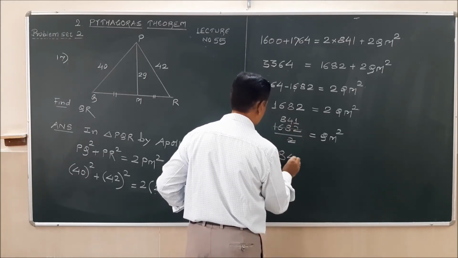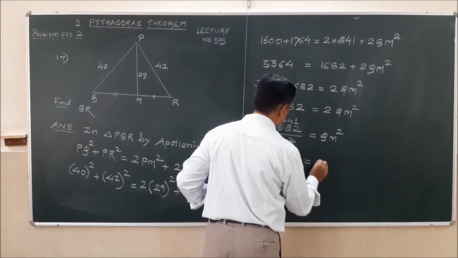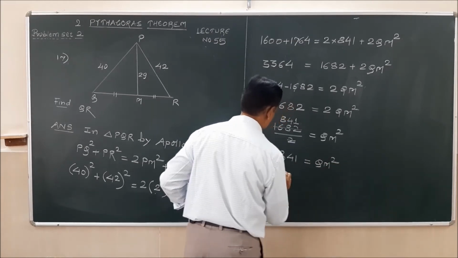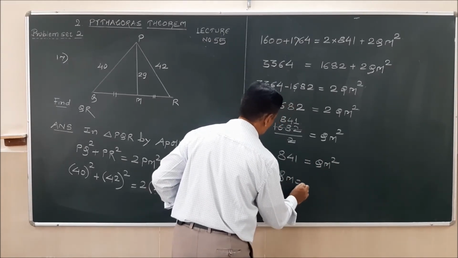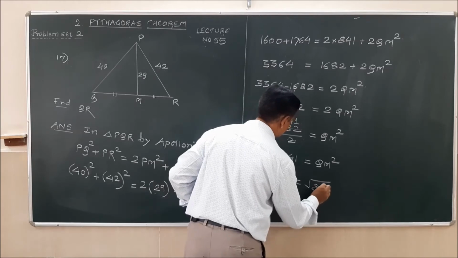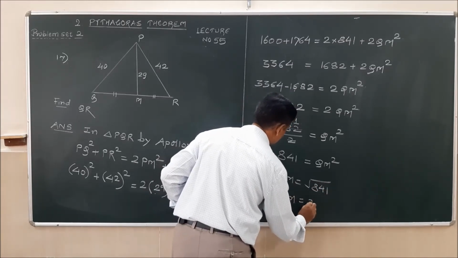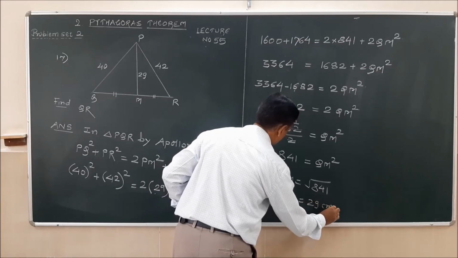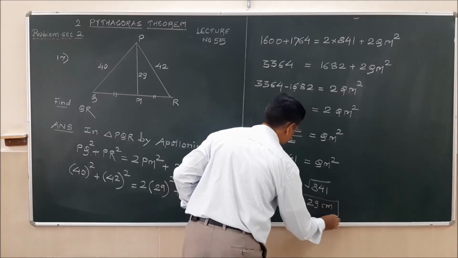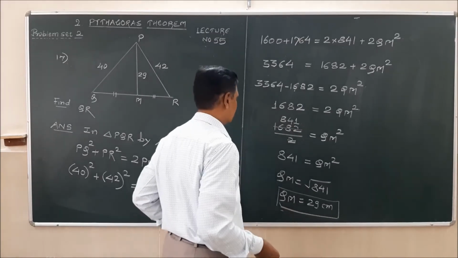So 841 is equal to QM square. QM is equal to root of 841. So QM is equal to 29. If units are given, then good. If not given, then also.